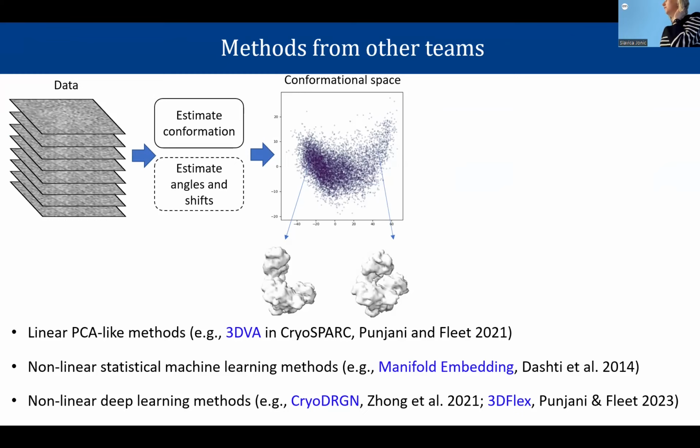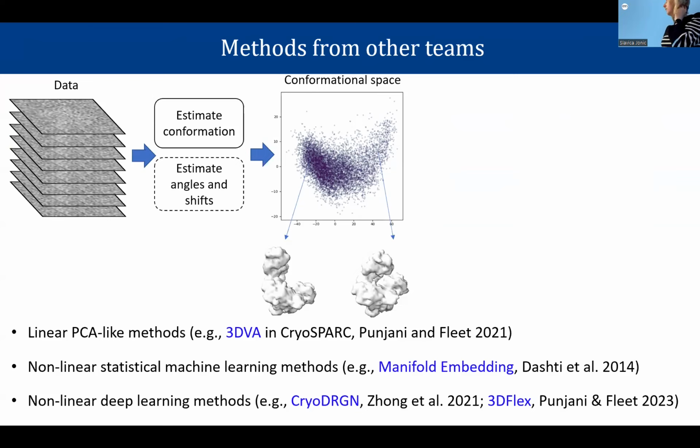Typically there are some linear PCA-like methods and some more statistical machine learning methods, like one that is called manifold embedding. And also a lot of deep learning methods. The most known is cryoDRGN, but there is another one called 3D Flex. This one is available in the software package CryoSPARC.